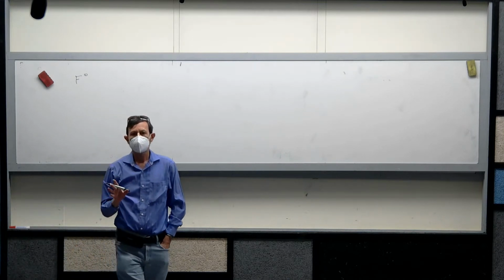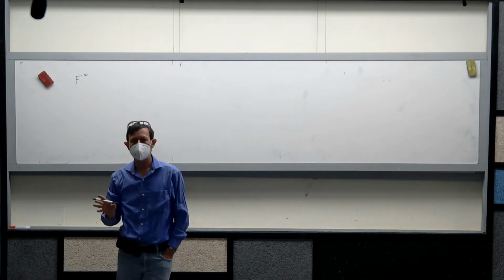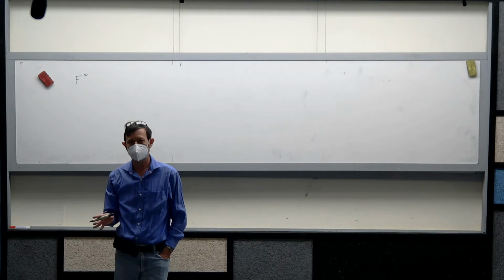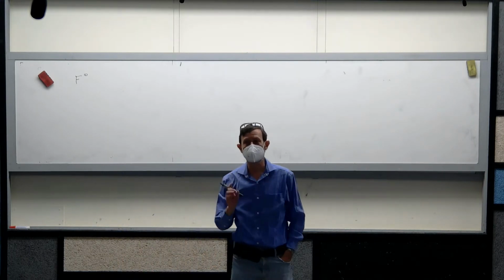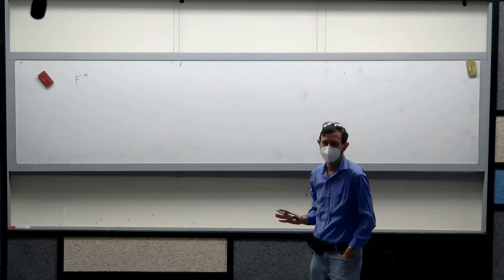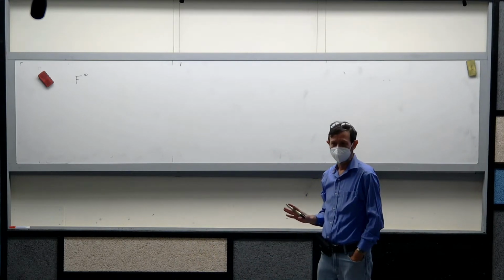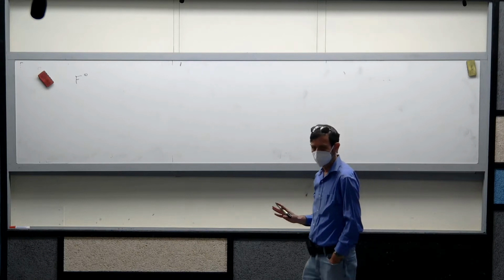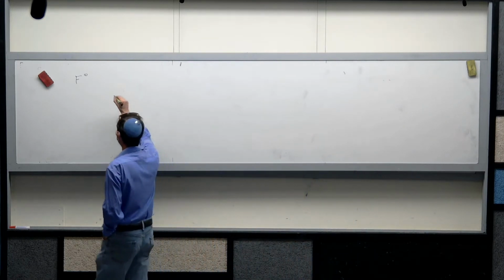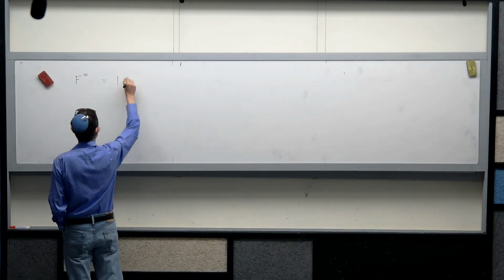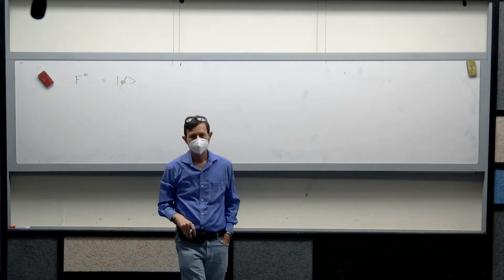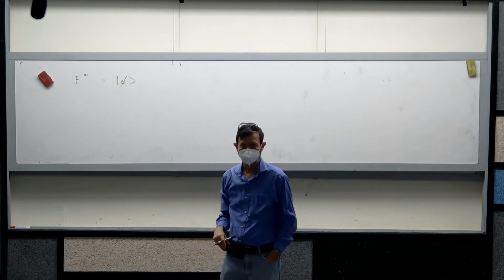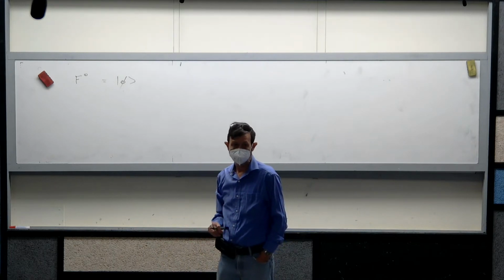Let's start with the only state I don't have to worry about permutation. And that's the state where I have 0 particles. The vacuum.